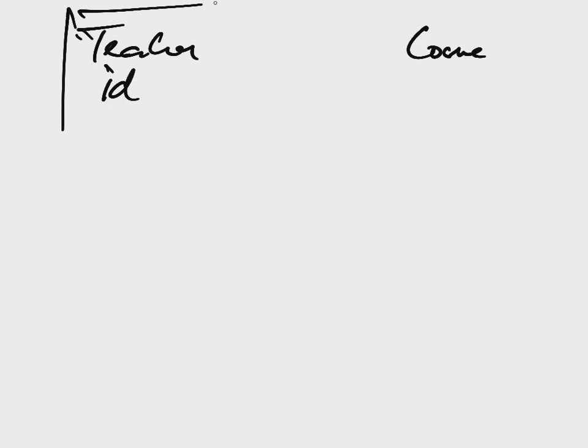So that's one thing, but I actually started with another thing. So there was this class teacher, class course, and let's say here is ID, and here is this association.